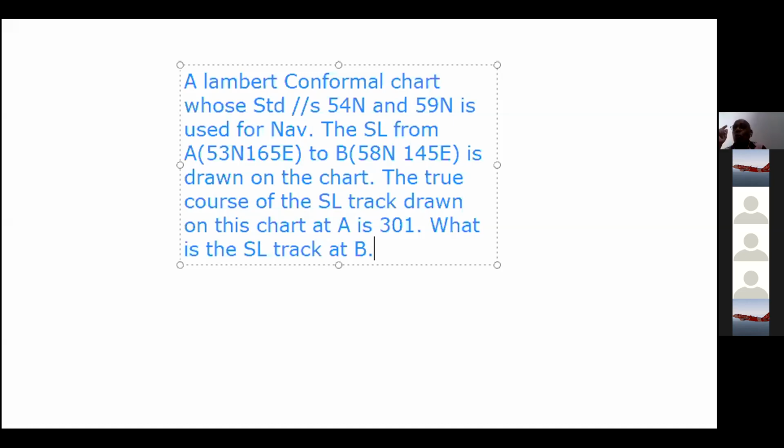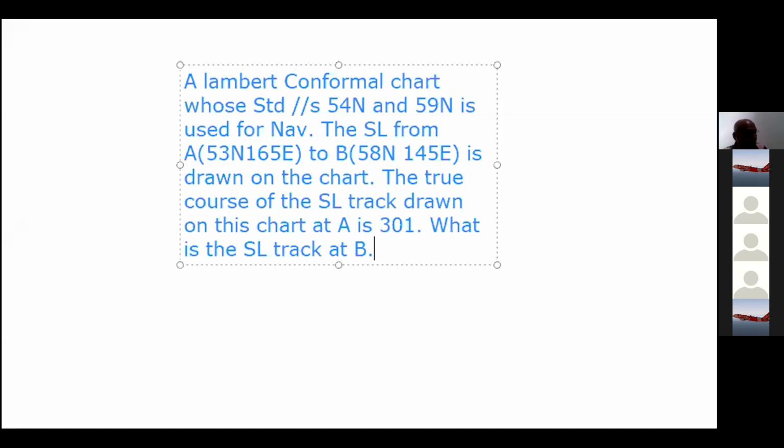We know from the rules of convergency that convergency is the difference between the starting heading and the end heading. In this case, you have the starting heading as 301. Only thing we need to know is, is it minus convergency or plus convergency? We know it follows DIID, that is decrease. That means you have to minus it. So you minus how much? The amount of convergency we calculated was 17 degrees.